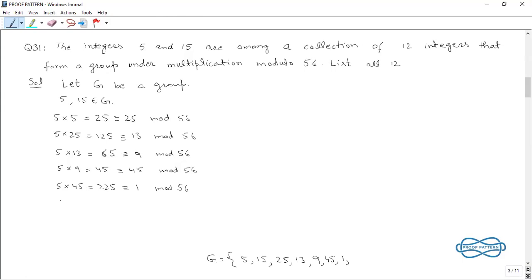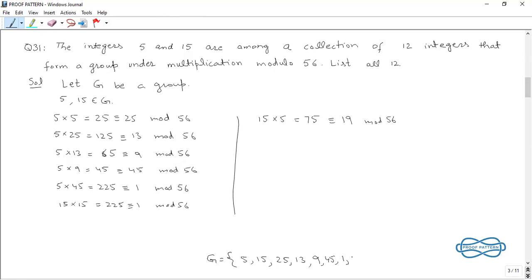And now we start with 15 multiplied by 15, which is again 225, and we get the same element, so we have to try some other elements. If we multiply 15 with 5, because 5 is an element of group G, we get 75, which is congruent to 19 mod 56.